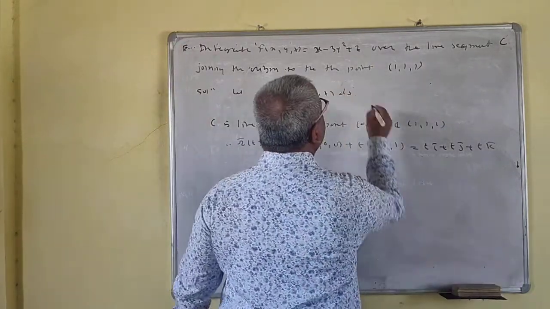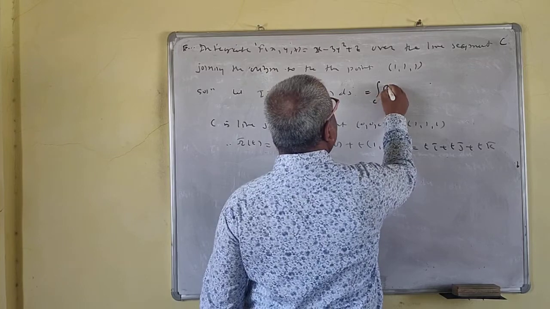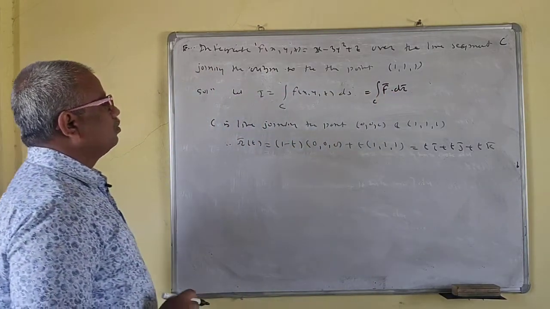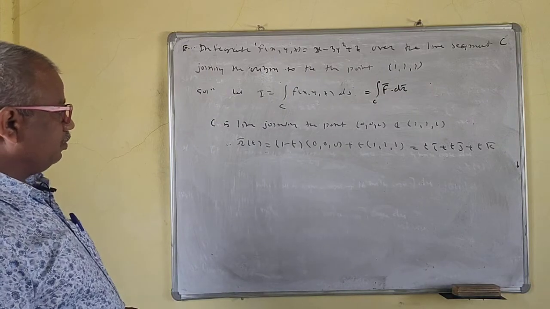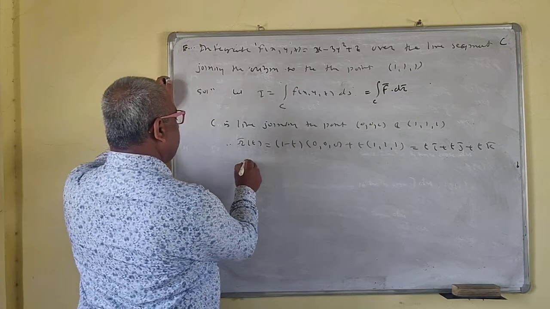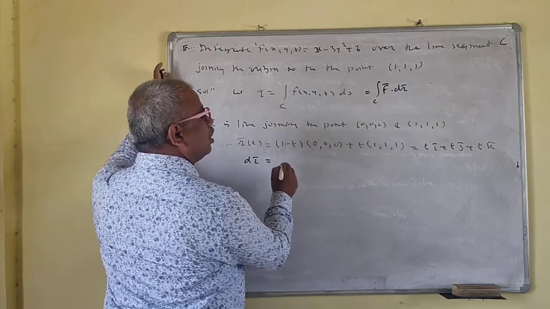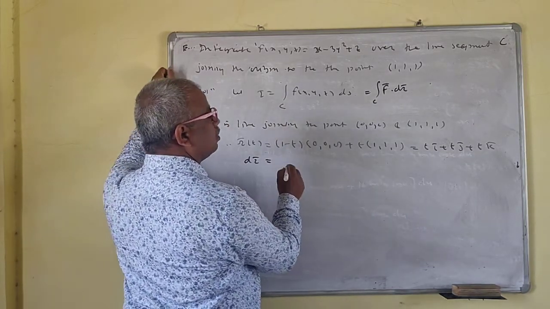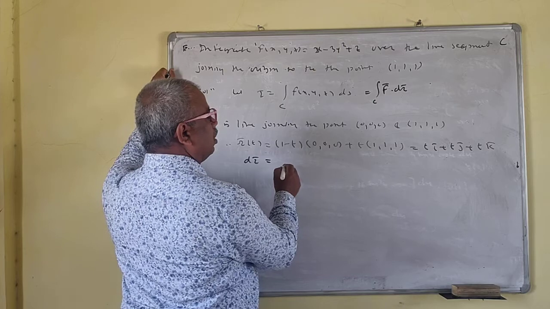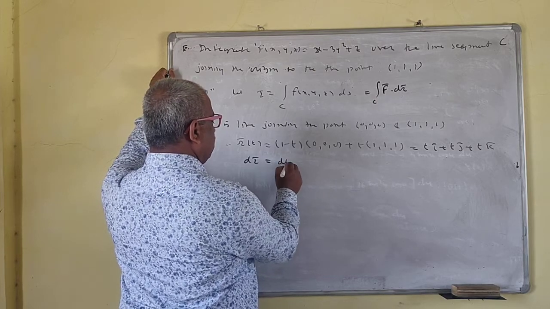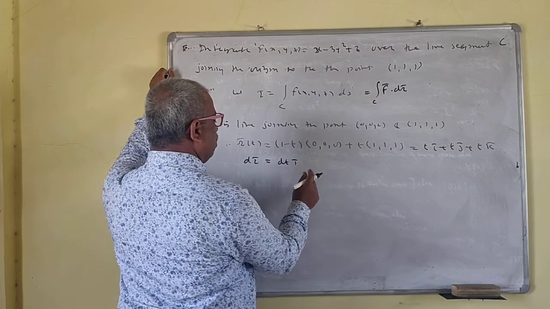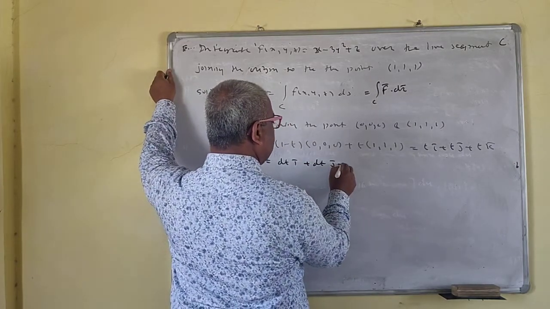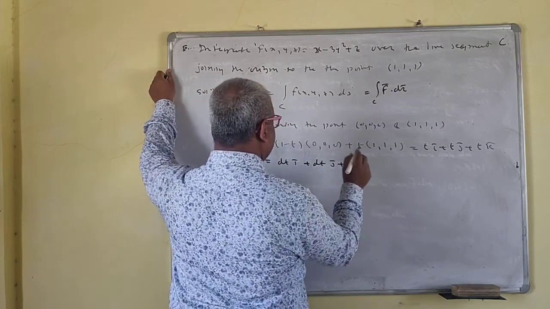So this is same as integral C f bar dot dr bar. So dr bar is equal to dt i bar plus dt j bar plus dt k bar.